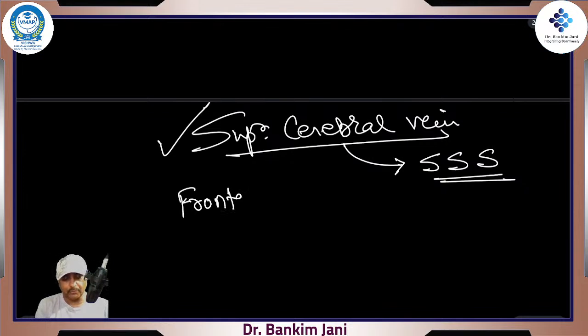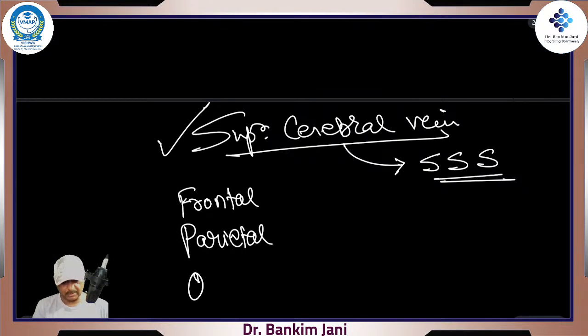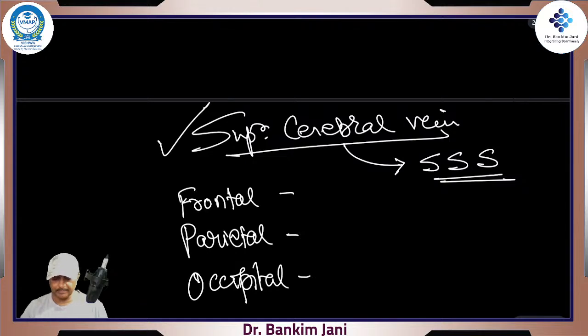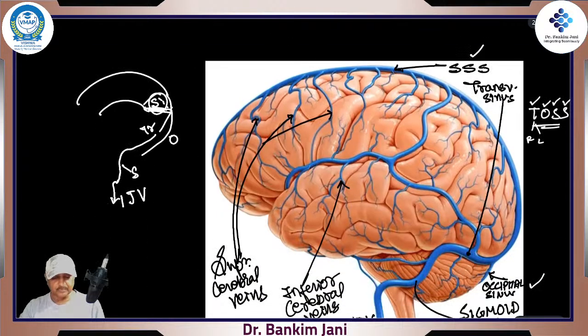Frontal, parietal, then occipital. They are everywhere. So in the frontal, it will be taking care of the anterior portion, then the lateral portion, the medial portion. All those things will be taken care of.